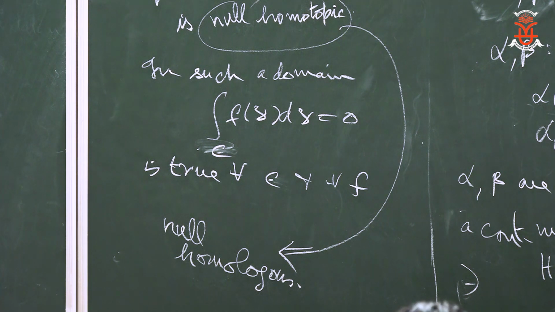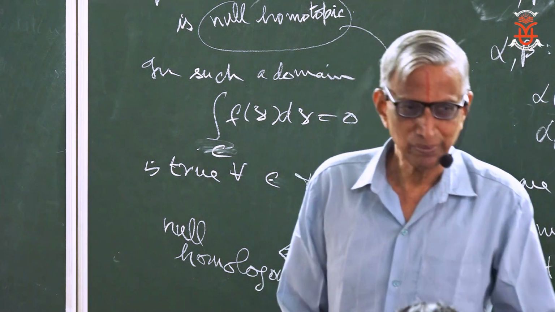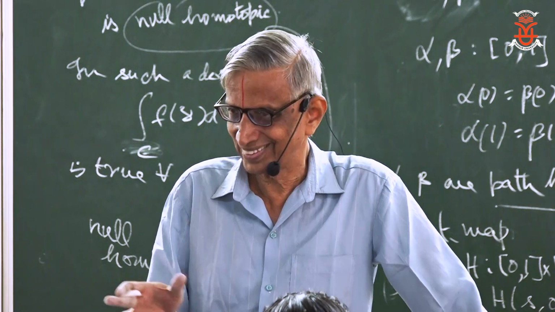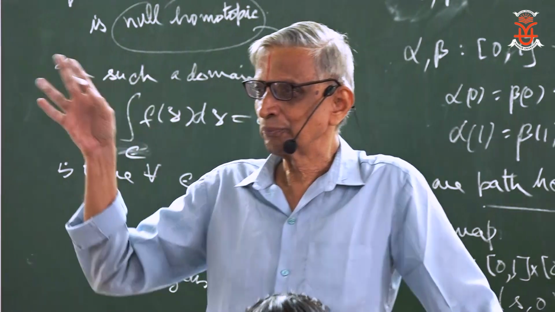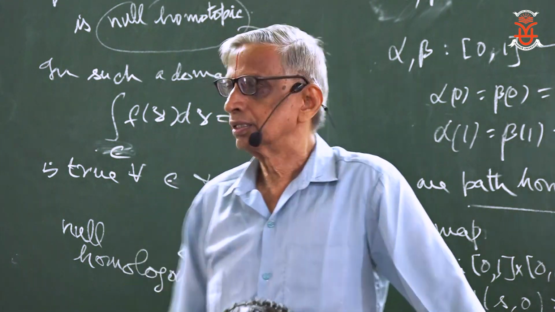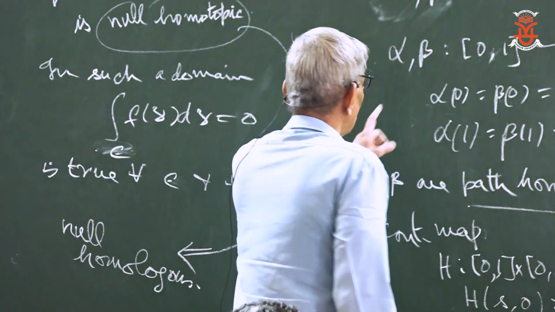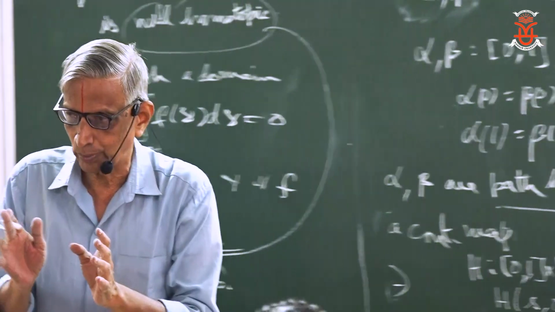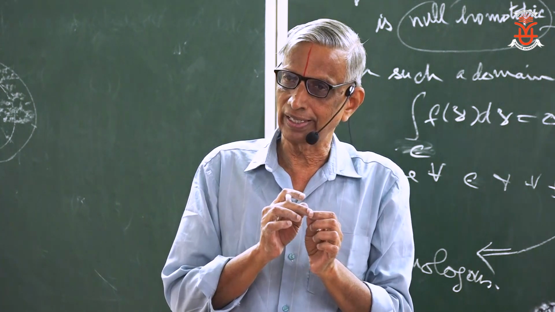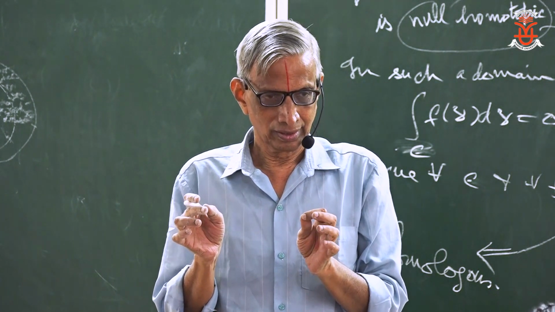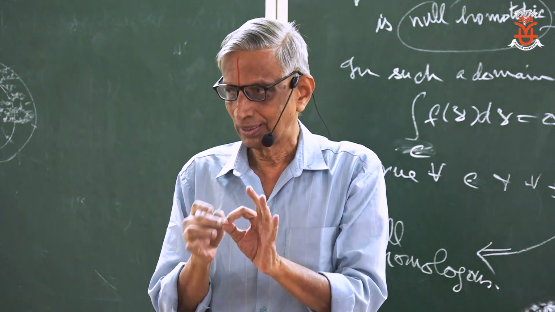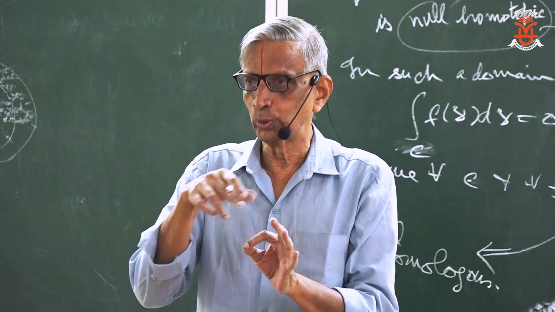Okay, so it's past time. So let me make a few general remarks before I conclude about this homotopy and all that. You start with a domain and define a relation: fix a point z0, look at all loops at z0.